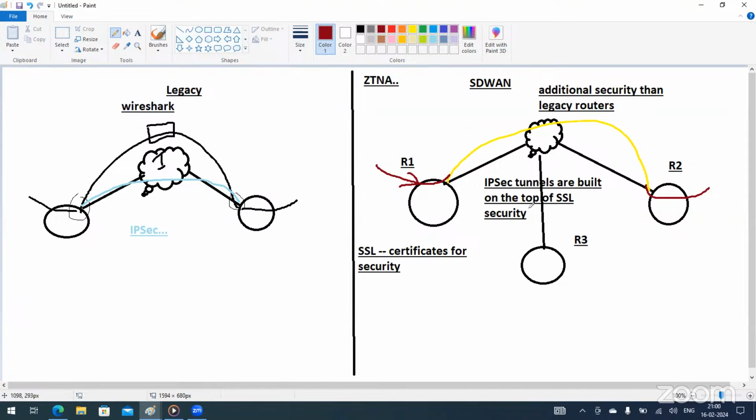Since there is no tunnel towards R3, there would be no communication between R1 and R2 towards R3 until IPsec tunnel is established between R1 and R3 and R2 and R3. This IPsec tunnel would only be established when their certificates are matched. These devices need certificates for this IPsec tunnel to be established.